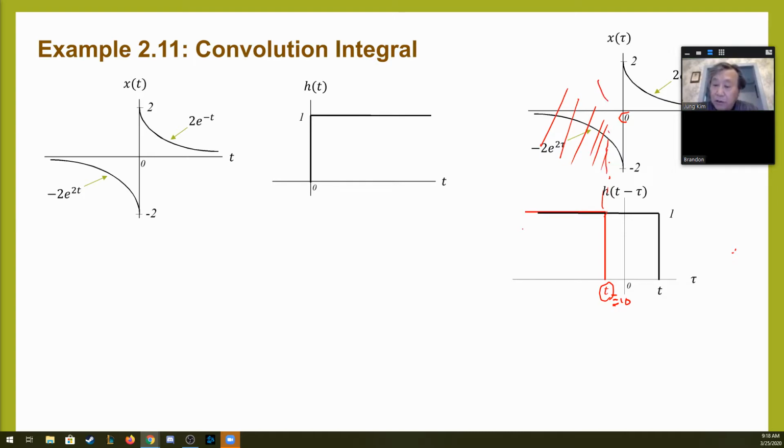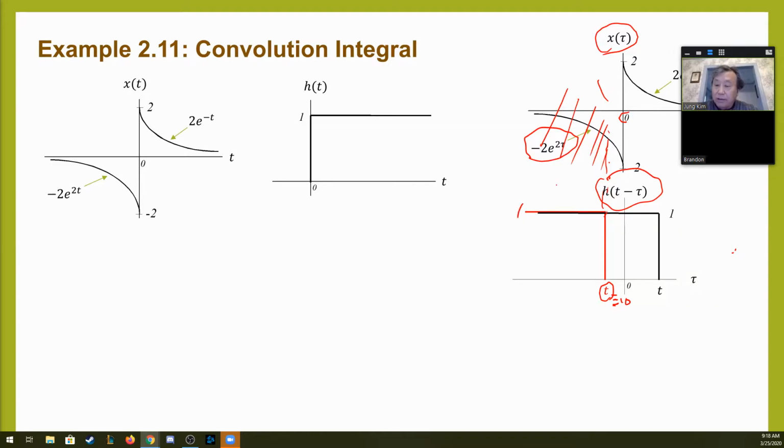In this case, the multiplication is x of tau times h of t minus tau. So x of tau is minus 2 e to the 2 tau, multiplied by h, which is going to be 1.